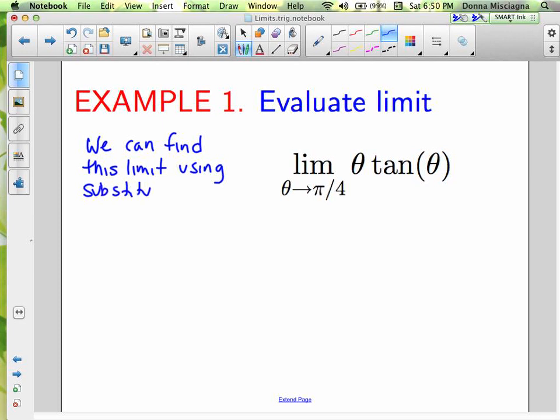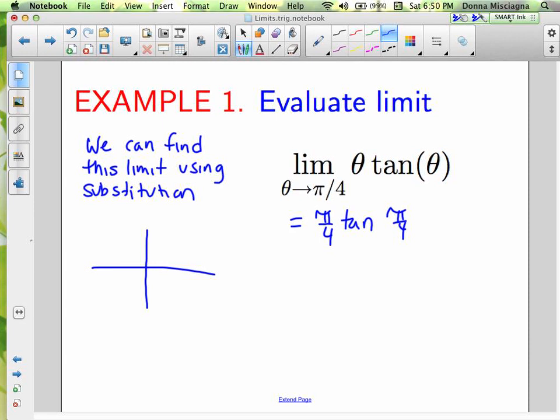And make sure, by the way, you're going along in your notes and filling things out. I don't always have the notes sitting right next to me. That looks a little bit more like the word substitution. All right, so let's plug in. And we know as soon as we go to substitute, I can drop the limit. All right, so we have pi fourths times tangent pi fourths.